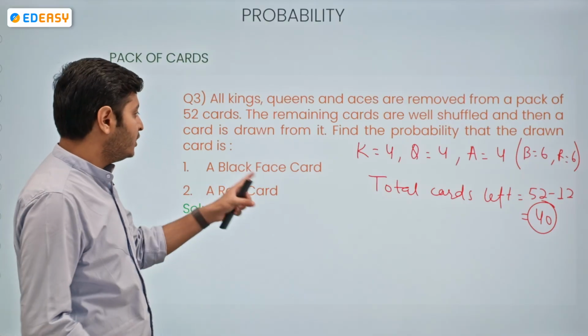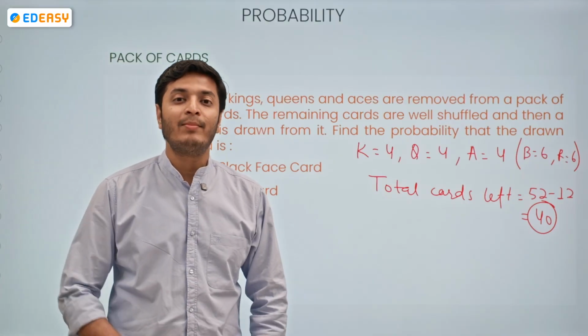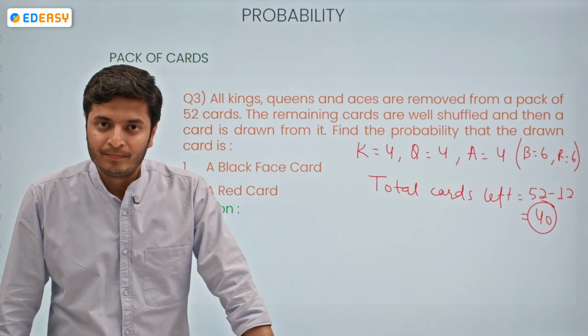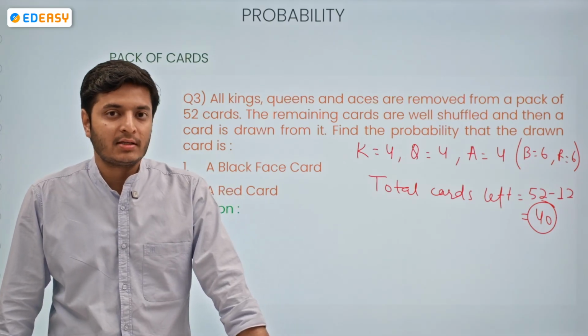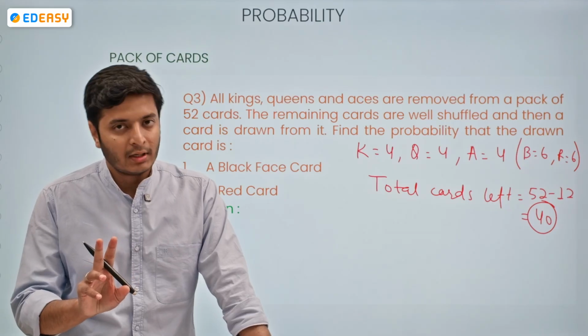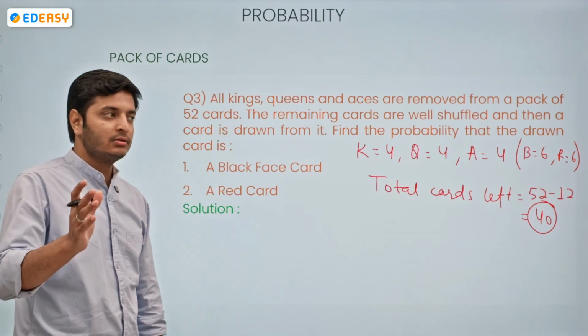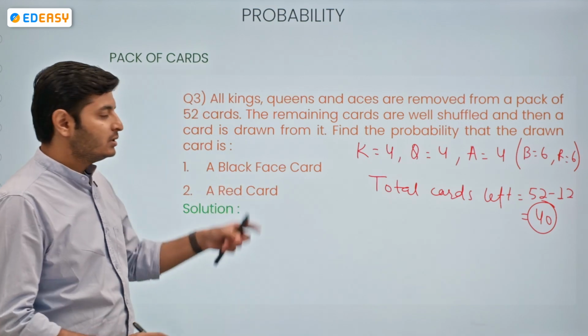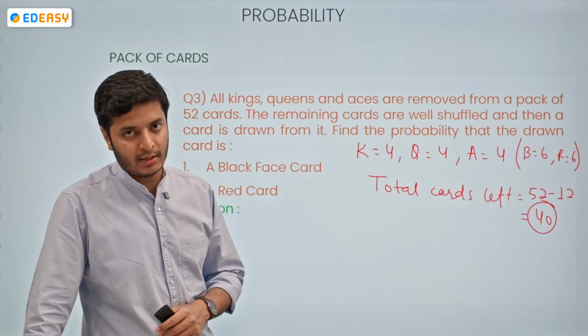4. But we need to find the probability of getting a black face card. It means it should be a black jack. And how many black jacks are there? Only 2. Correct? Spades and the other one, I forgot the name. So there are only 2 black jacks here.